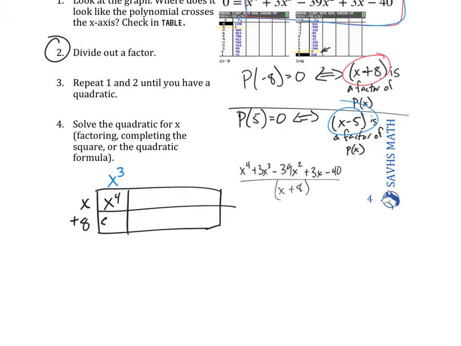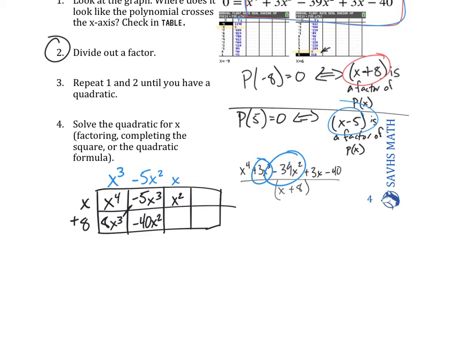Then I have an 8x cubed there, which means in order to get 3x cubed, I need to add a negative 5x cubed here, which means this is negative 5x squared. So then I have negative 40x squared here, but I want negative 39x squared. So I need to add 1x squared.